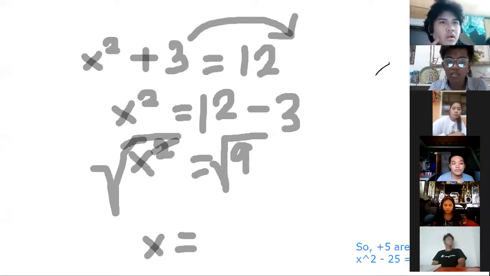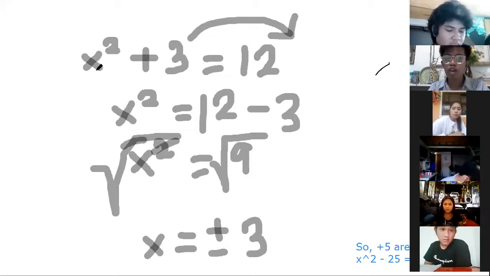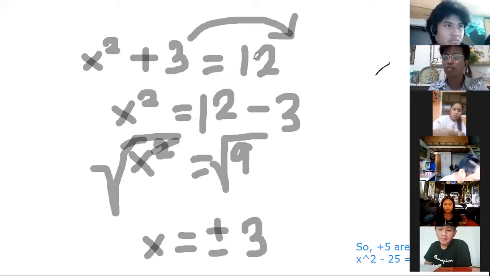Leomar, what is the square root of 9? 3, sir. Okay, very good. So you're right, positive, negative 3. Yan. So for the conclusion, so positive and negative 3 are the roots of x squared plus 3 is equals to 12. May tanong po ba?